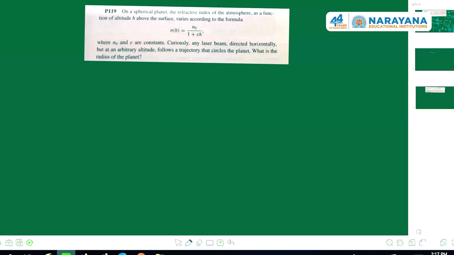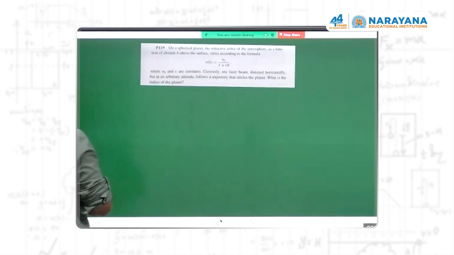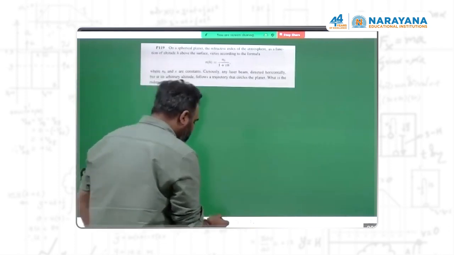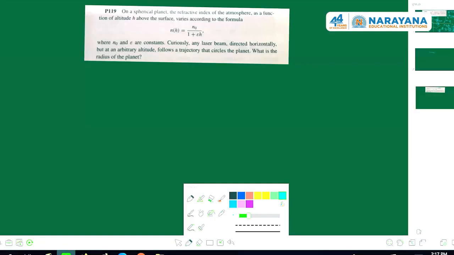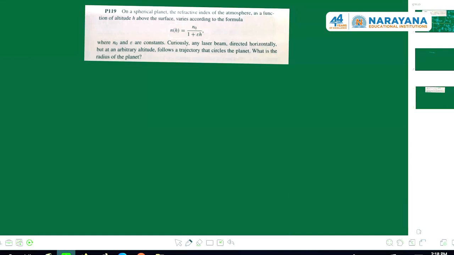On a spherical planet, the refractive index of the atmosphere as a function of altitude h above the surface is given to you. It is saying that the refractive index as a function of height is n naught upon 1 plus epsilon h. Right, this is given. N naught and epsilon are constants.